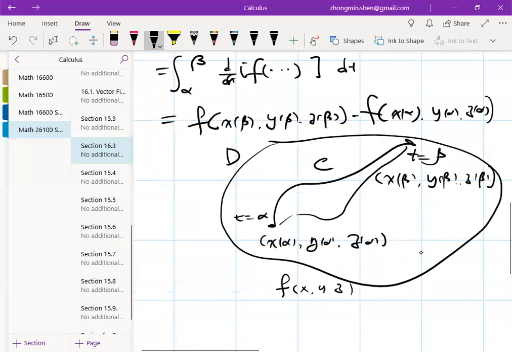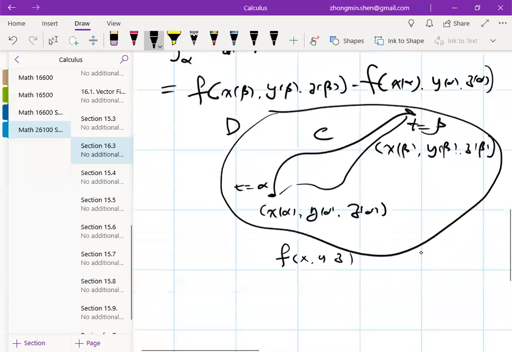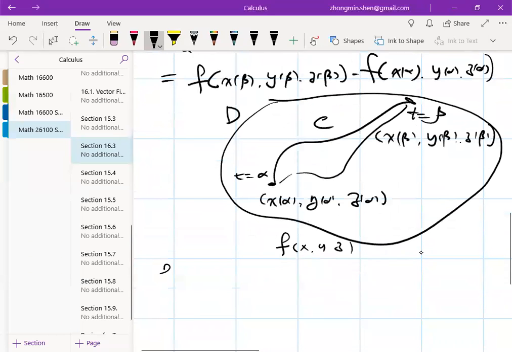So you can see that the integral, this line integral, looks like it depends on C, but this is only the value of the function.